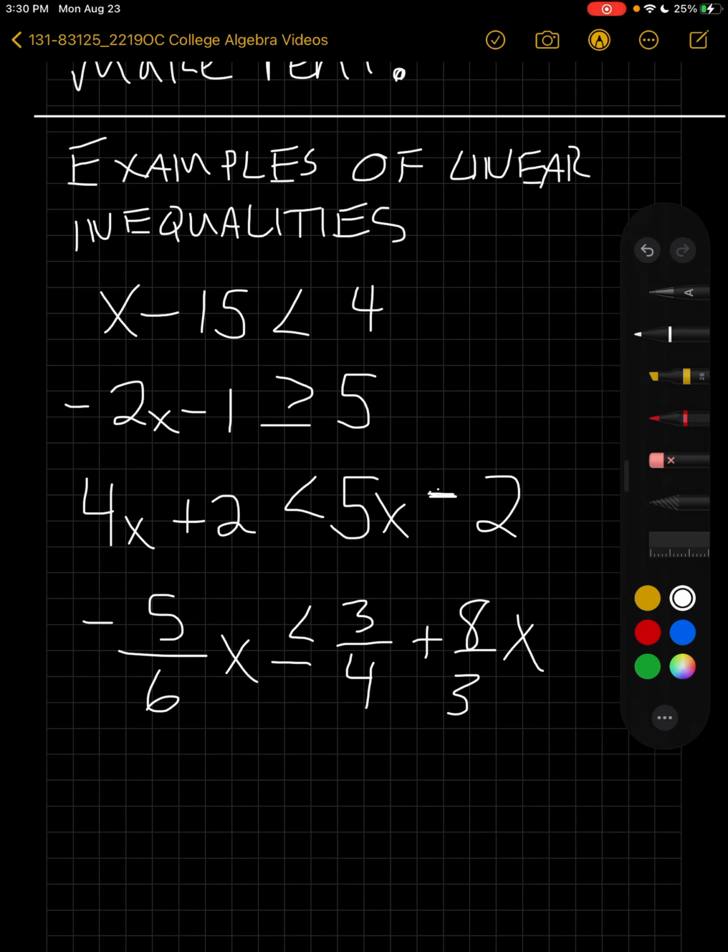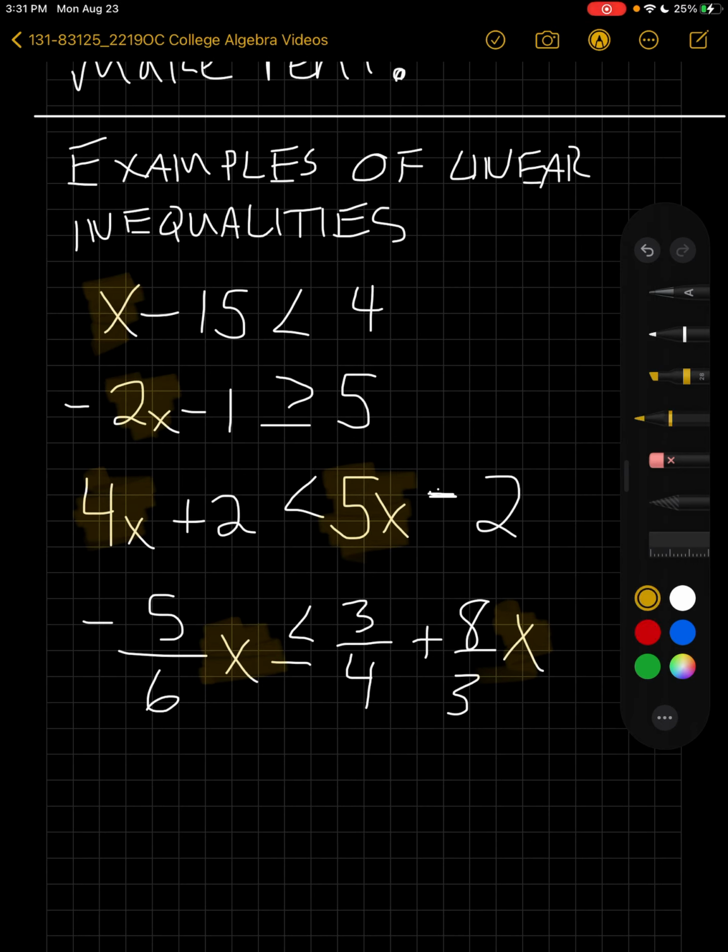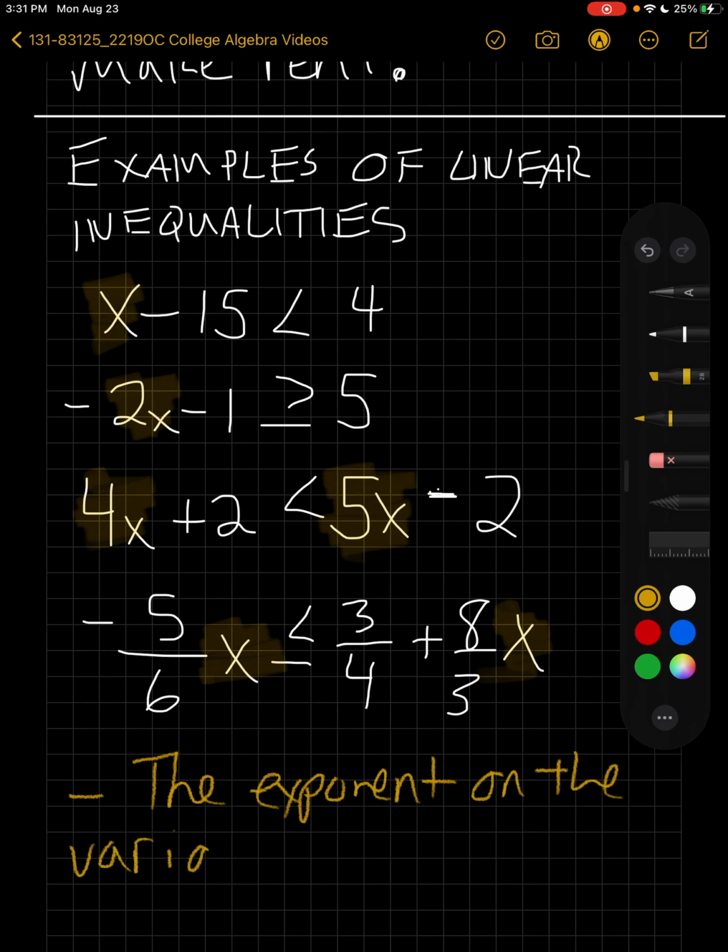What makes these linear is the same thing that makes a line linear, if you remember from our earlier video. Take a look at the variable in each of these cases. So here are all of our variables in these examples. And notice the exponent on the variable is not written. They don't write any exponent here.